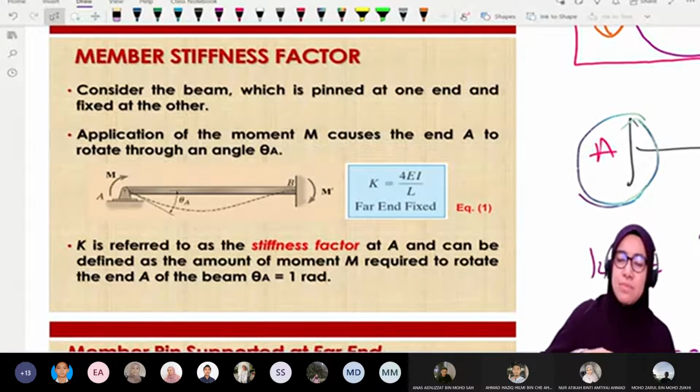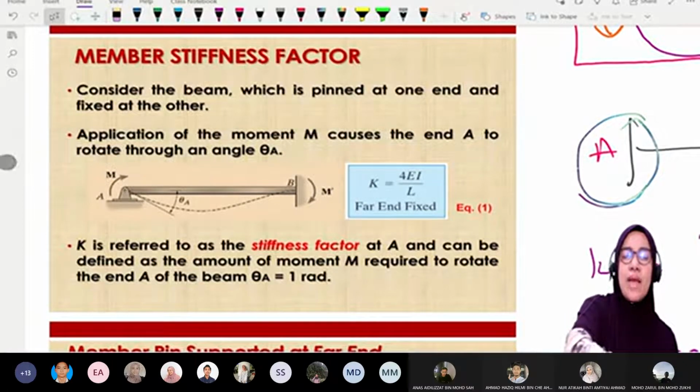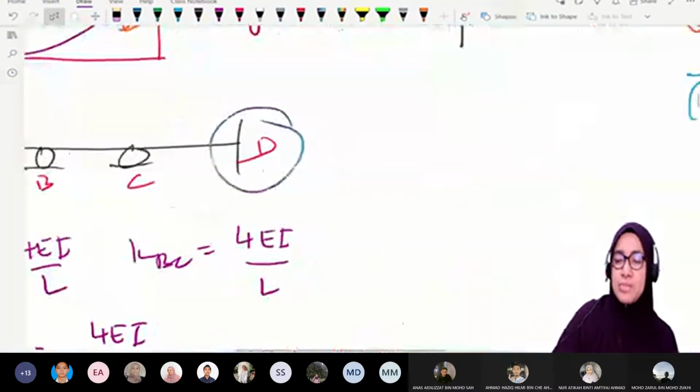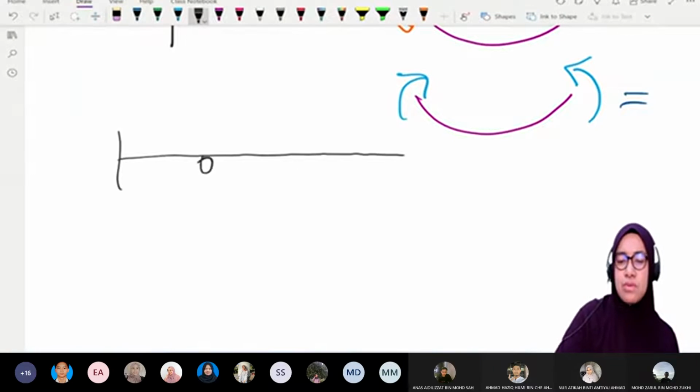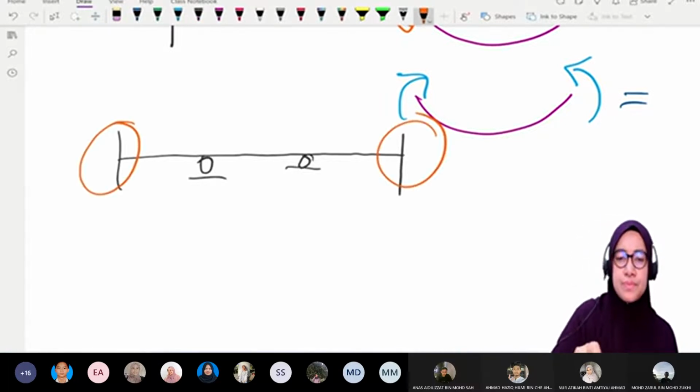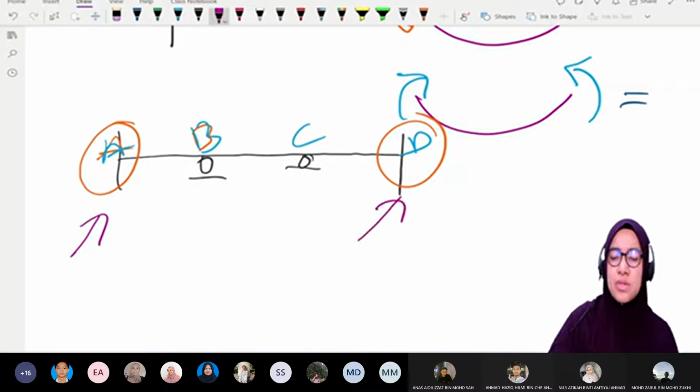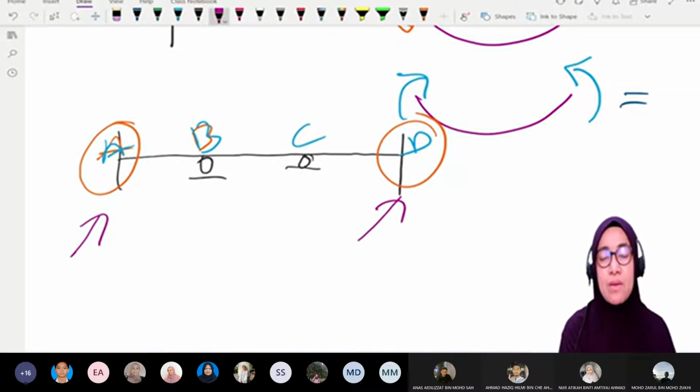Okay, far end fixed means, if we have a continuous beam like this, macam ni, far end refers to these two. Ni A, B, C, D. Far end refers to A and D. That is far end fixed.